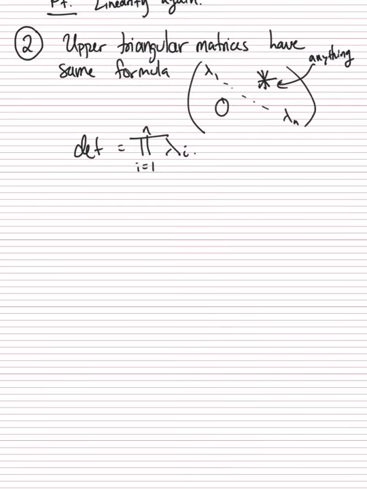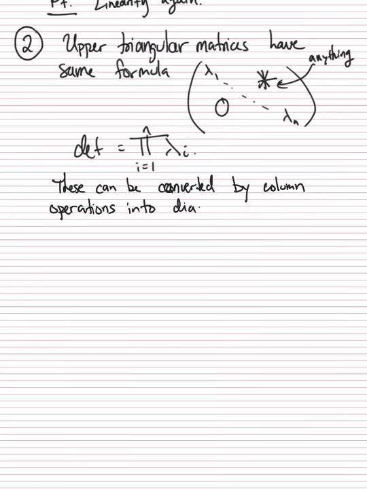Well, these can all be converted by column replacement, by column operations, into a diagonal matrix with the same diagonal entries. Since those preserve the determinant, that does it.